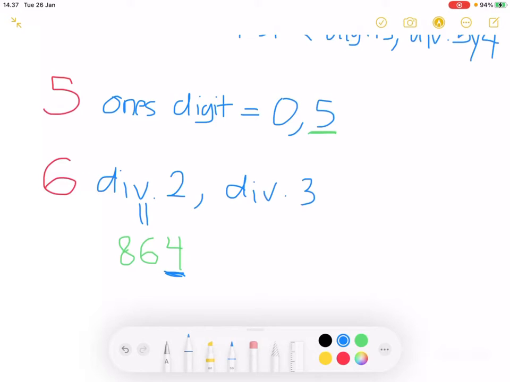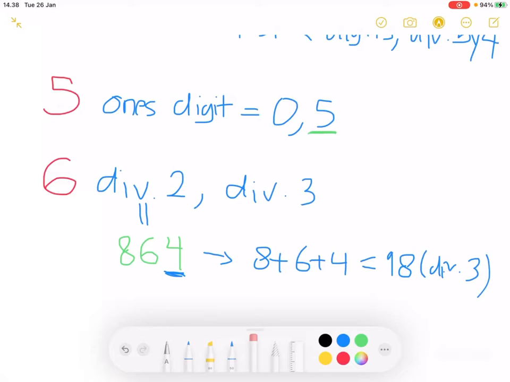To test the divisibility by 3, sum all the digits, and quickly we see this is equal to 18, which is divisible by 3. There we go. So if we fulfill these two criteria, we can conclude this is divisible by 6.